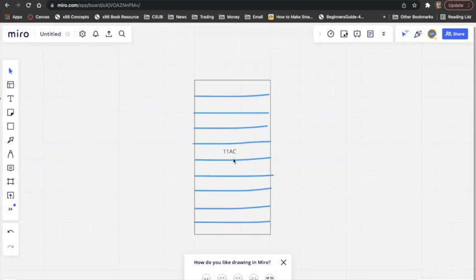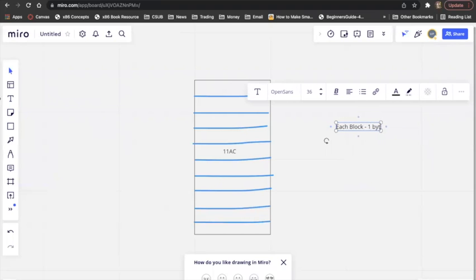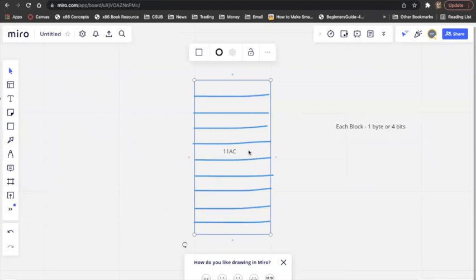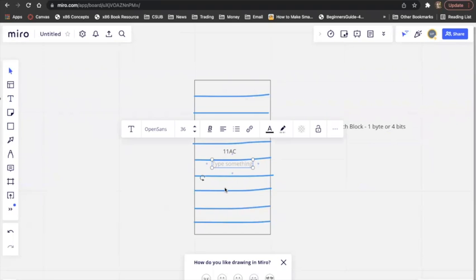Now we have to find the address of line 1 and line 3. Each block in the code has a size of 1 byte. So this has the address 11AC, this means this will be 11AB, right?